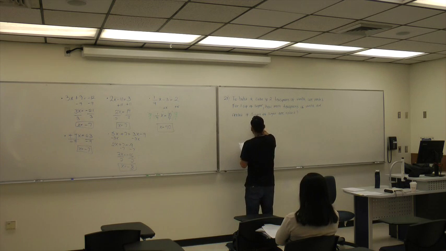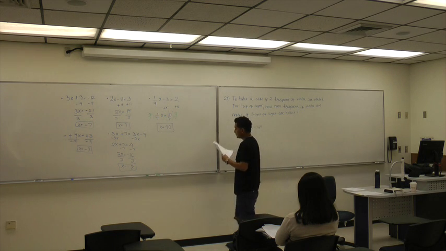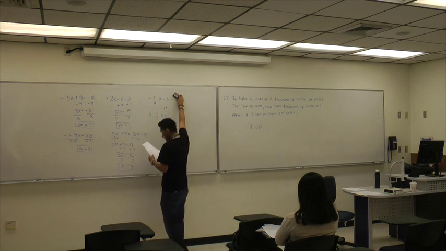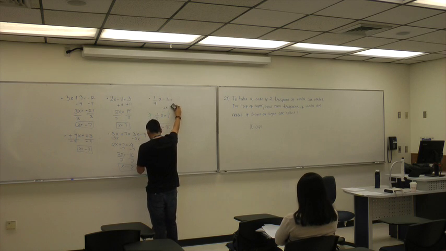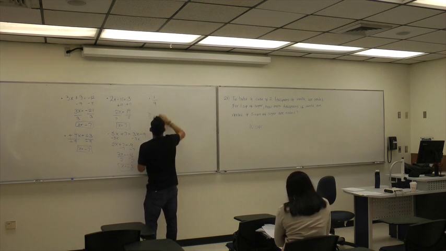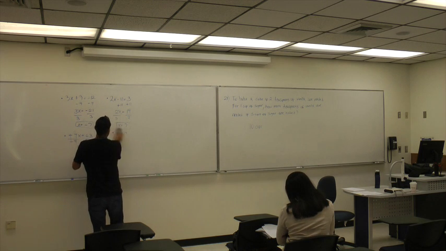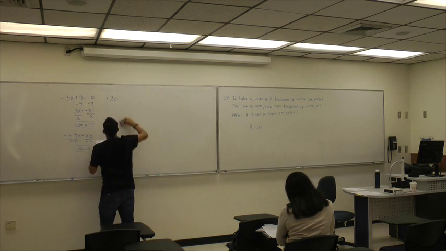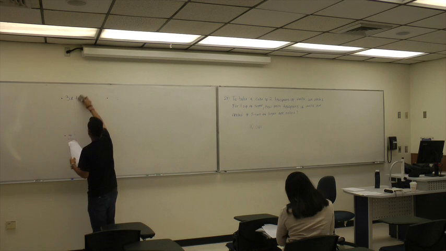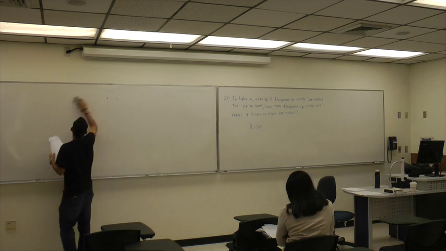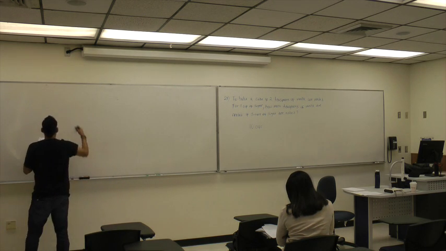So a car travels 350 miles in 7 hours, so I just divide. Yeah, that one's a division one.